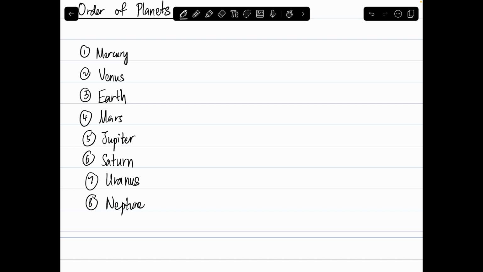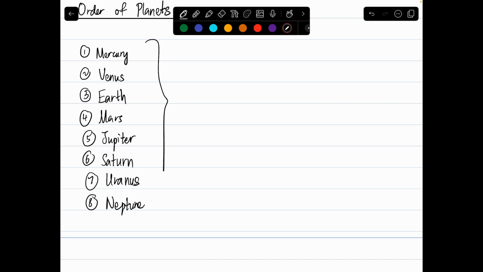Now, we have all of these planets in our solar system, and to remember them, we might have been introduced to a mnemonic when we are young, during our schooling years. It might differ, but the concept is the same. We're going to take out the first letters of each word.